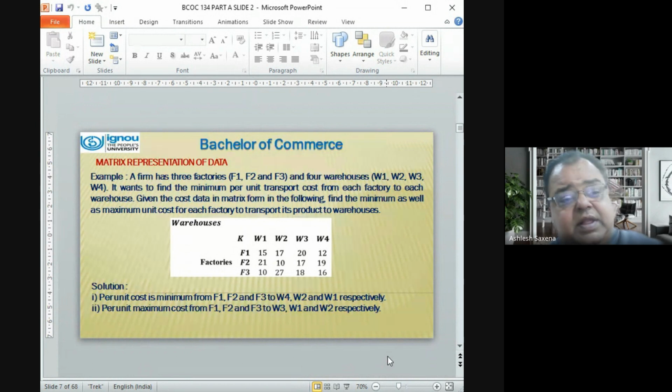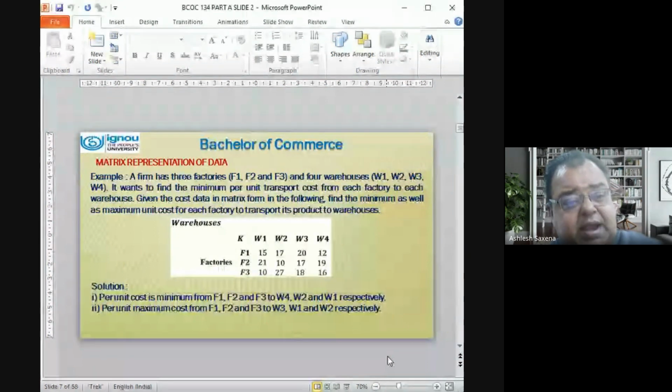We have been given the cost data in matrix form in the following, and find the minimum as well as the maximum unit cost for each factory to transport its product to warehouse.